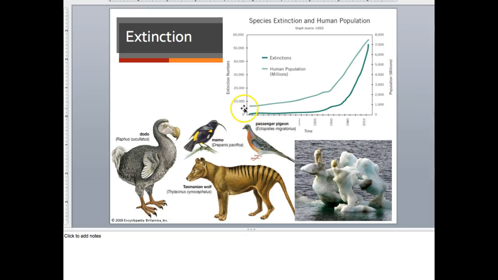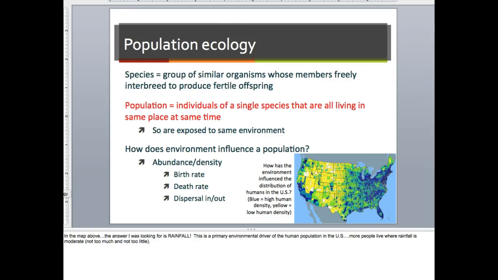And you can see that as the human population, this top line, has increased since about 1900, the number of extinctions has also gone up. So some people refer to this as us living in the sixth major extinction, where our activities as humans in our environment are causing a loss of biodiversity on a large scale.